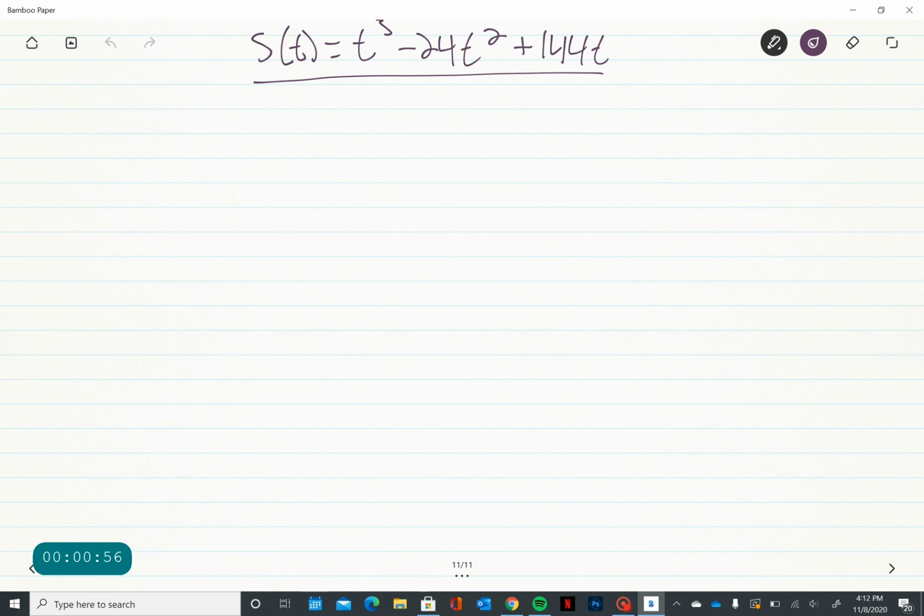So we know where the particle is stopped, so we can use this for our position time function. And we know that it stops at the points 4, 12, and it wants us to end at 17. So we can plug each of these into the equation, and we can start with S of 4.